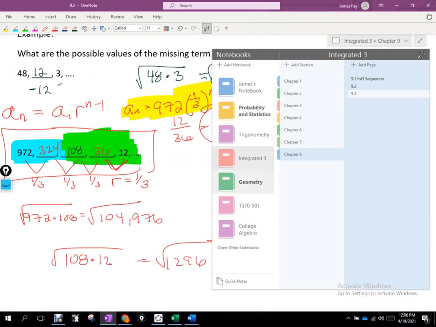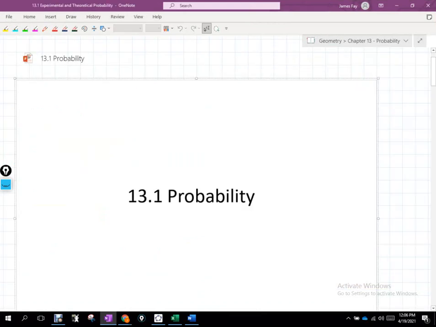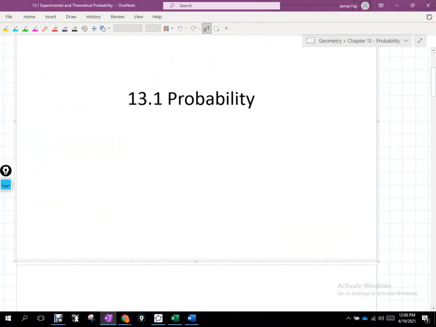You guys ever talked about probability? All right, so one thing I want you to understand is probability. When we talk about it in geometry, maybe in Algebra 2 class, even in statistics, it is a very complex and large branch of mathematics.